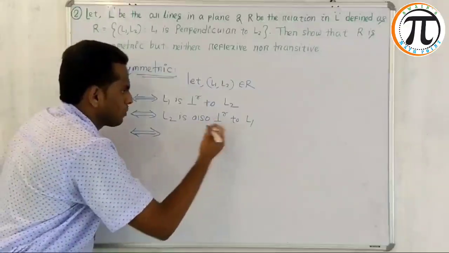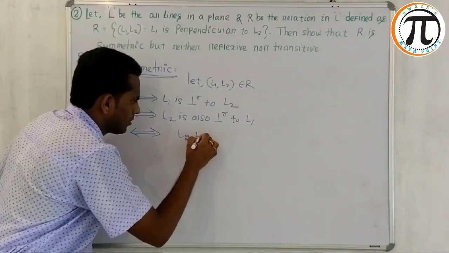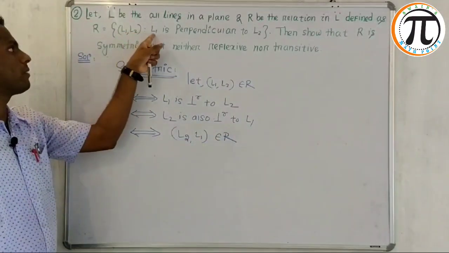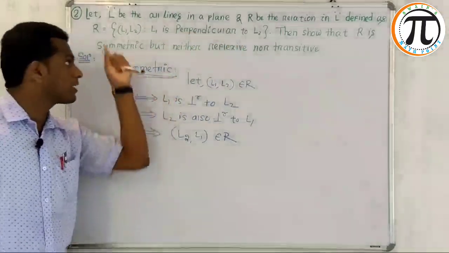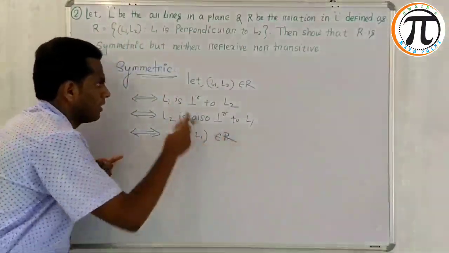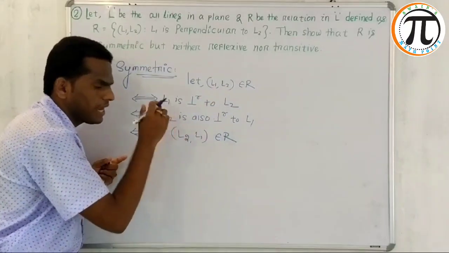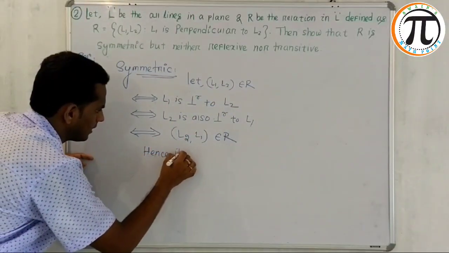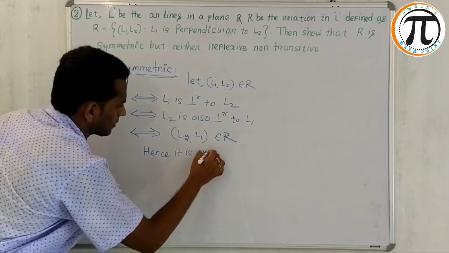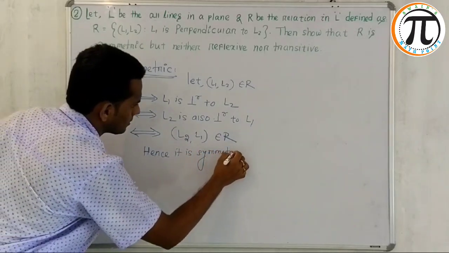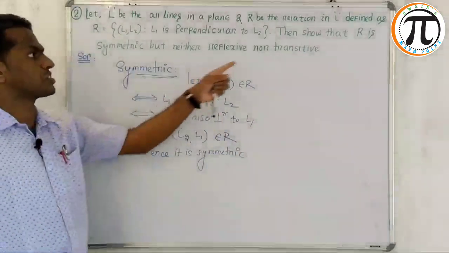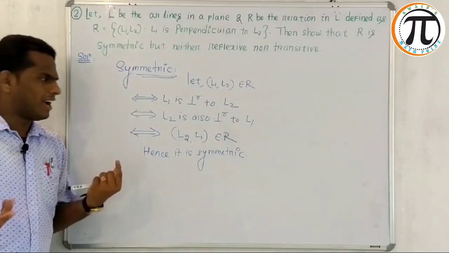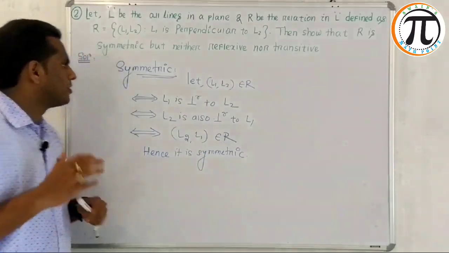So can I write (L2, L1) belongs to R? That means L2 is perpendicular to L1 according to our given relation. I am taking (L1, L2) and we are getting (L2, L1). Hence it is symmetric. The question says you have to prove that R is symmetric. I think this is very easy.